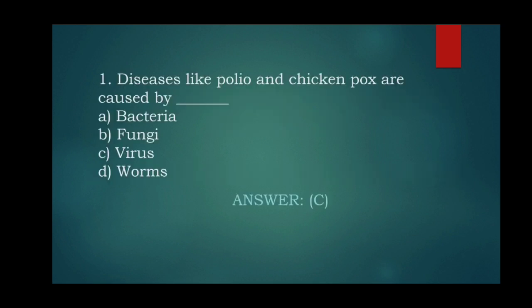First question: diseases like polio and chickenpox are caused by dash. The options are bacteria, fungi, virus and worms. You know that chickenpox is a viral disease, so the correct answer is option C, virus.